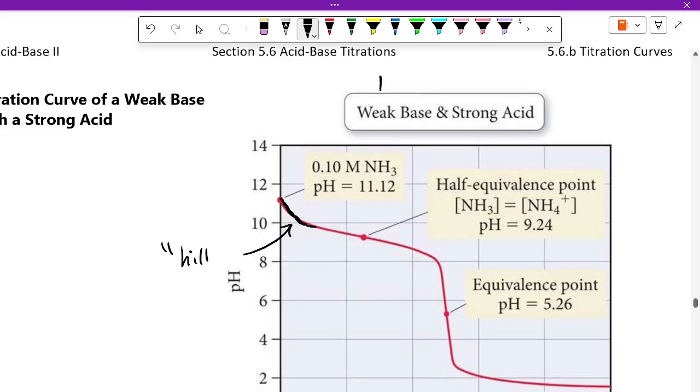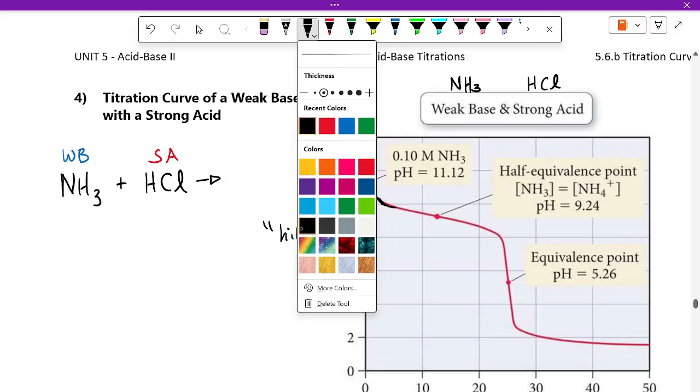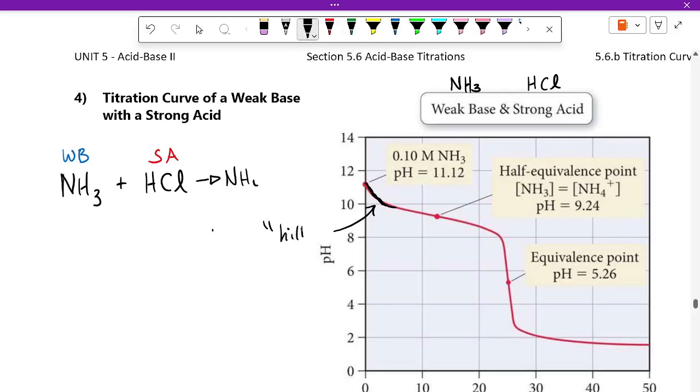So I guess our weak base must have been NH3, and our strong acid was HCl. So when we react the two of those, NH3 plus HCl, this is our weak base, this is our strong acid. Our products are NH4+ plus Cl-.